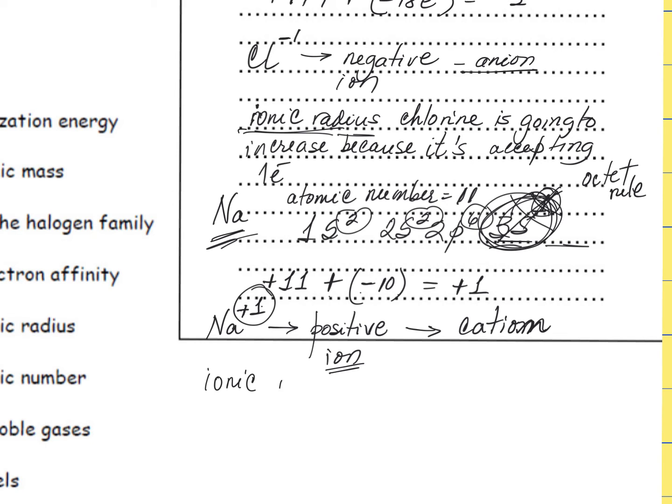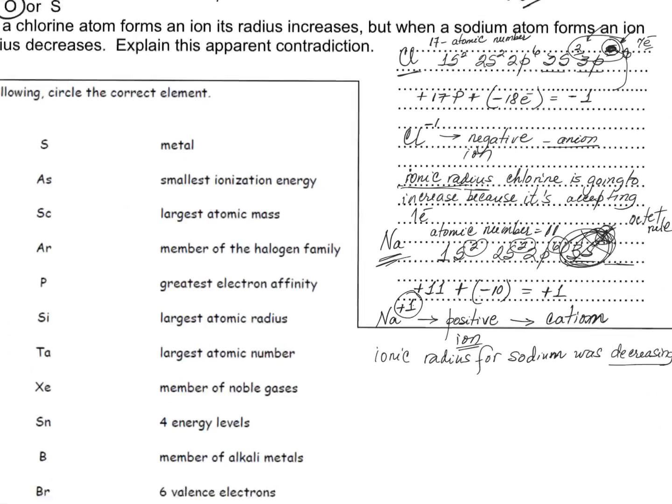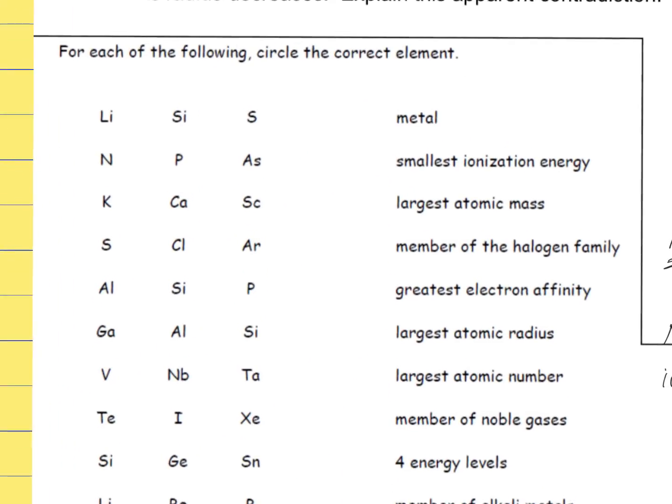The ionic radius for sodium was decreasing. And that's the explanation to all the problem. And this is so simple.